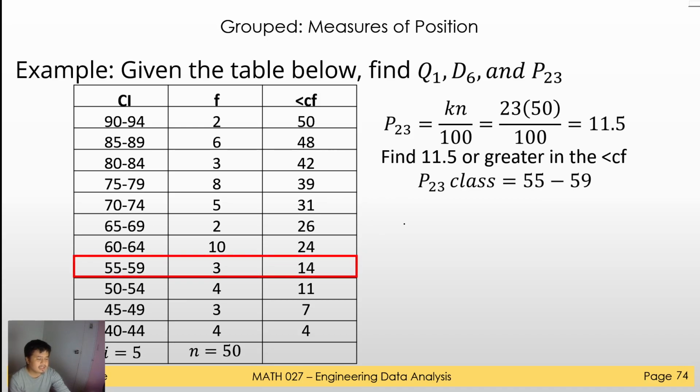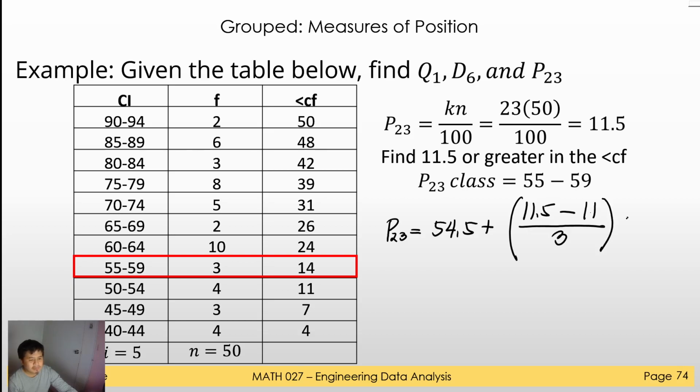So to find this P23, this will be equal to the lower class boundary, 54.5, plus kn over 100, which is 11.5, minus the cumulative frequency below this class, which is 11, and then all over the frequency of this class, which is 3, multiplied by the class width, which is 5.